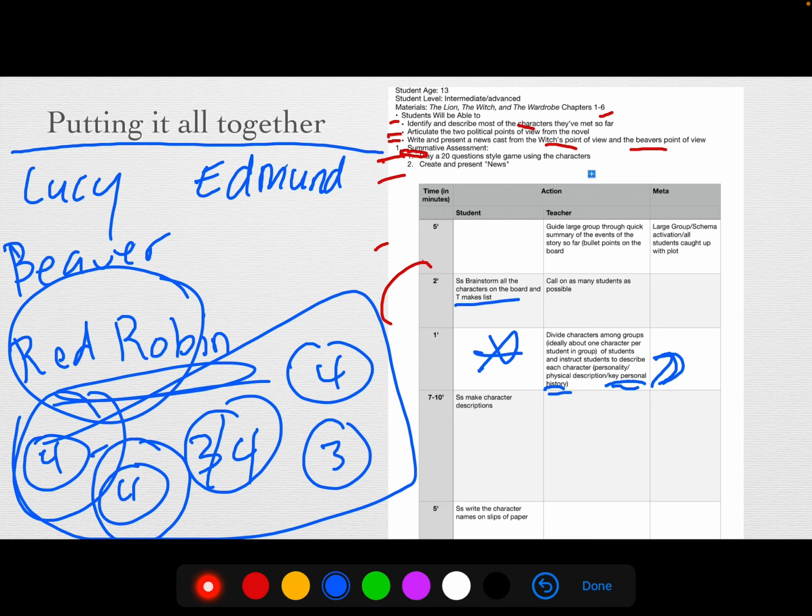You guys are going to do Lucy and Edmund. You guys are going to do Susan and Peter. You guys are going to do the Witch and the Beavers. And you guys are going to do Edmund and Lucy. And it's okay if they repeat. Then those groups will all have a little piece of paper. It can be just a blank piece of paper, and in English, they'll write their description.